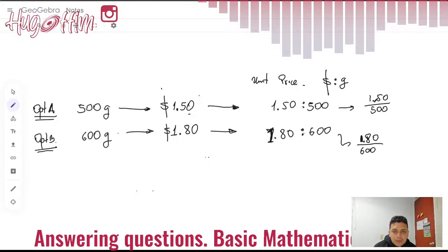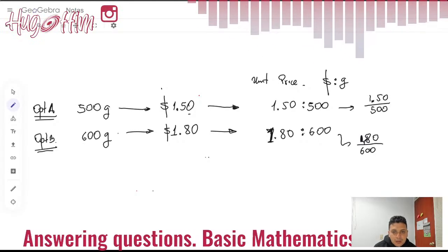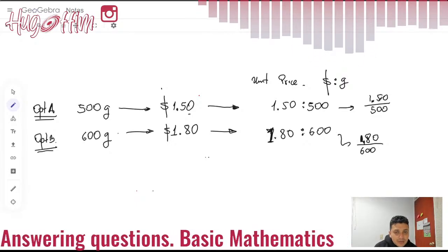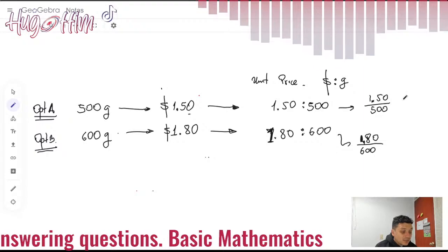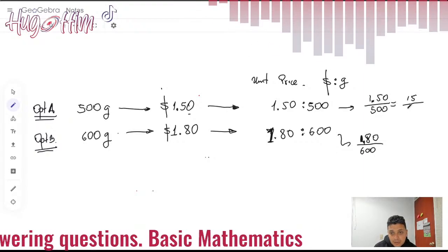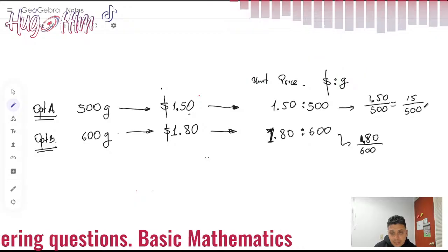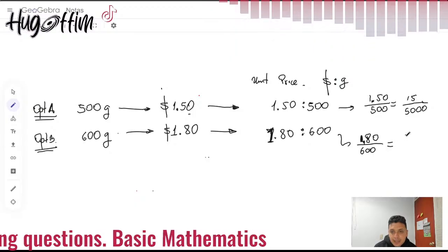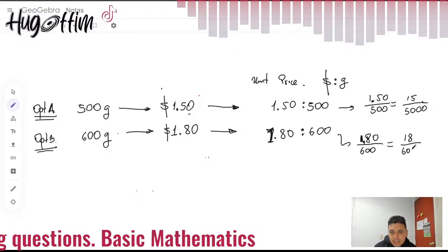Strictly speaking, this is not a fraction because this is not an integer, but I can convert it to a fraction if I multiply by 10. I'm going to get 15 over 5,000, and 18 over 6,000.